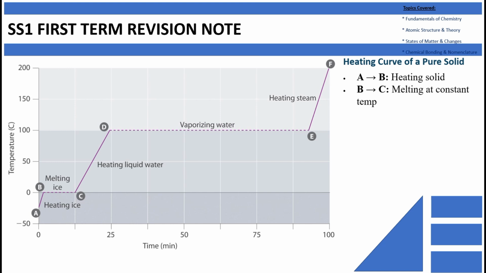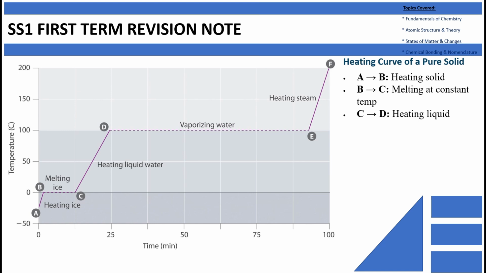The reason why there is no change in temperature is because at melting point, the energy you are supplying is only doing the work of converting the solid to liquid. So between C and D, we have liquid, and as you are heating it up, the liquid is gaining kinetic energy. When you reach point D, between D and E, it will start to boil.